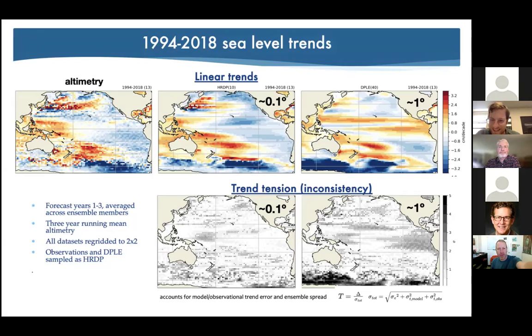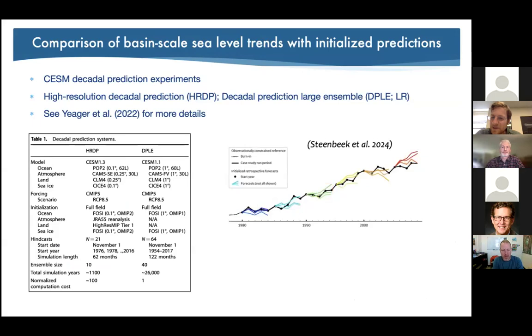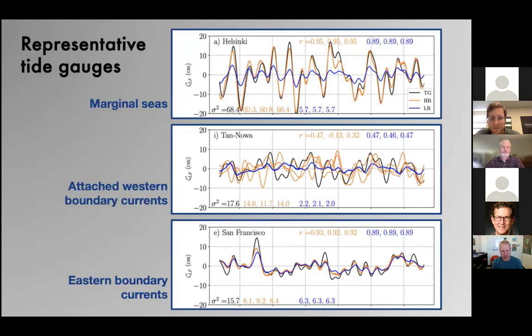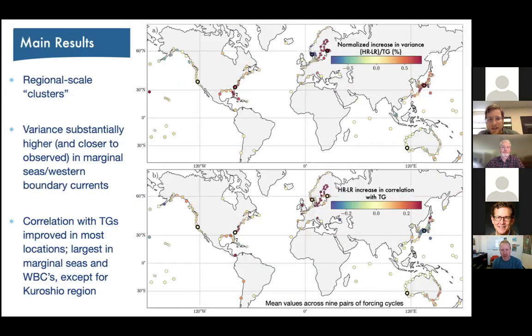Hey, Patrick, it's Jimmy. Hey, Jimmy. Hey, Chris. Question from the first part. If you can toggle back, you showed an image of the correlation improvement or change. I'm sorry if I missed it, but do you talk about the cluster of blue dots on the south part of Norway? Blue dots on the south part of Norway, yes. In the paper.